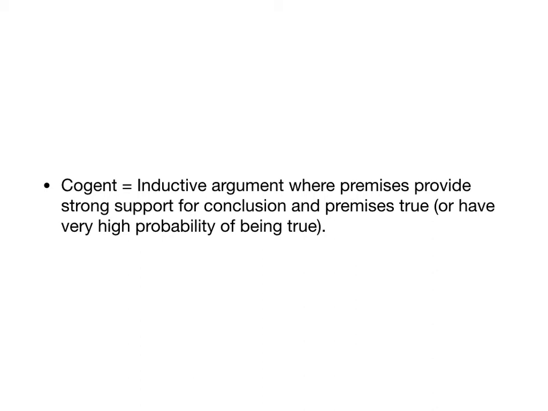I just bring this up here in passing to say I really don't care about this jargon. Deductive arguments have this neat all-or-nothing validity concept, which we will talk about in the next lecture. Inductive arguments, it's more complicated. Strictly speaking, we'll just talk about the probability of whether the conclusion's true given the premises are true, or the probability the premises are true.